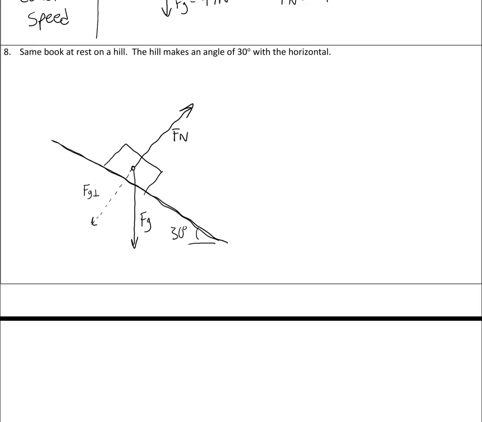You only draw it that far because now you have to start drawing the component of the weight that's parallel to the hill. Do you see how this component is parallel to the hill here? So that's kind of like the limit for how far you draw this. You can't just keep on drawing it on and on and on.